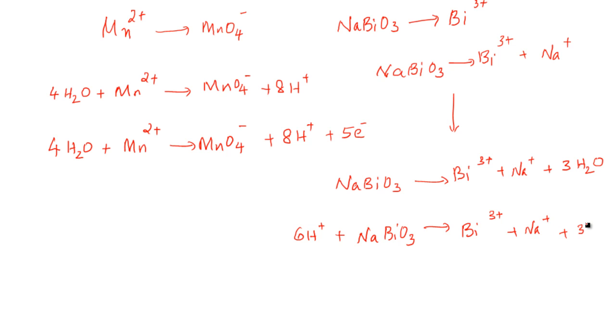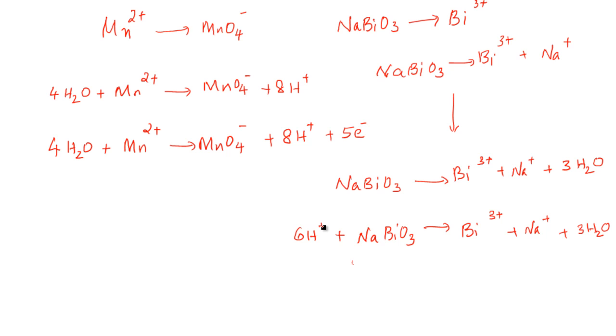Mass balance is good. Now look for charge balance. Total charge on left side is 6 positive. Total charge on right side, what is it? What is the total charge on right side? 3. Only 3. What happened to the positive charge on Na?